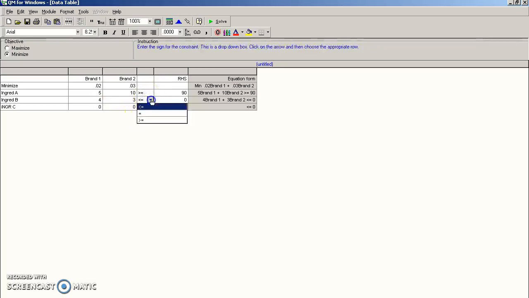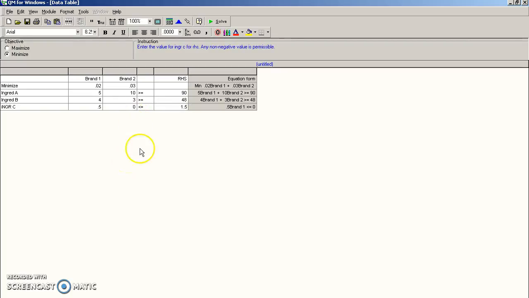And it's got to be greater than or equal to the total monthly requirement, which is 48 ounces. And then lastly, ingredient C. Brand 1 has 0.5 ounces. There's none of ingredient C in brand 2, and the minimum requirement is 1.5.